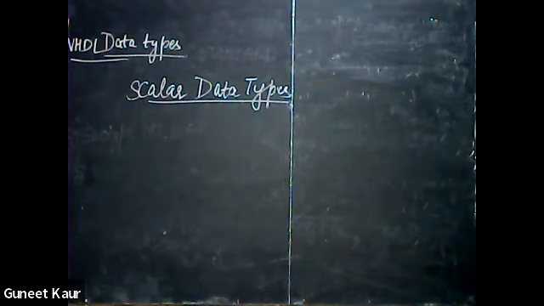That is, relational operators can be used on these values. In the coming lectures, I will also explain the VHDL operators. Relational operators mean less than, equal to, greater than; these all fall under the category of relational operators.